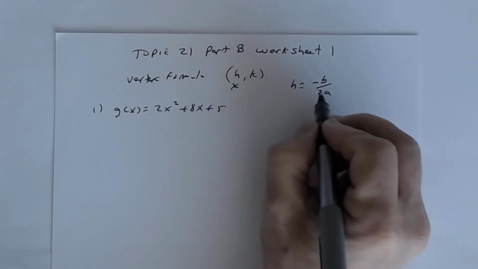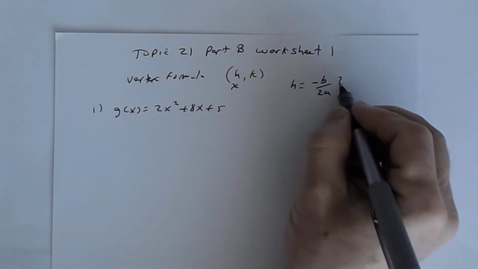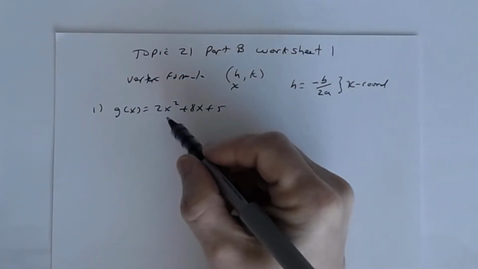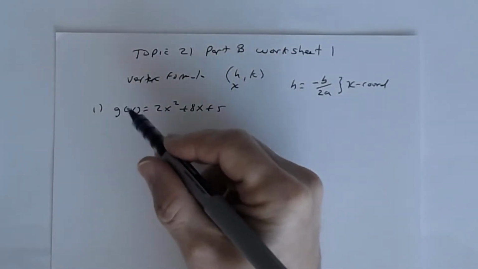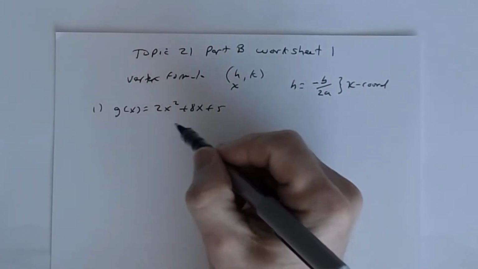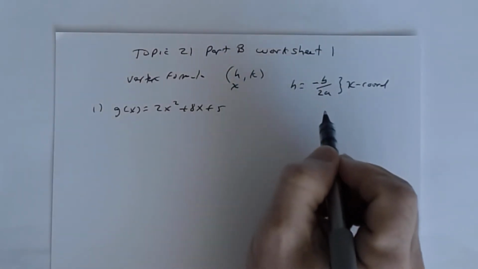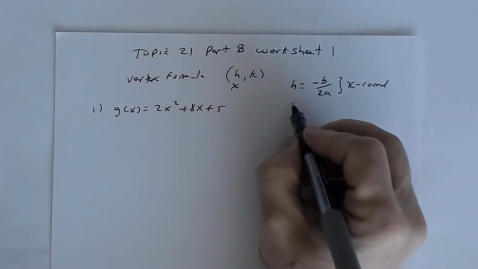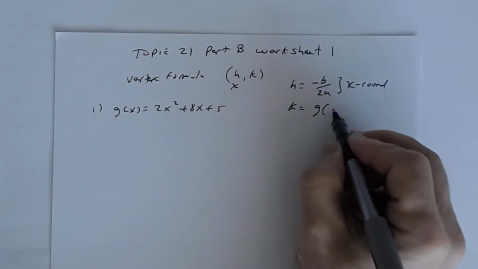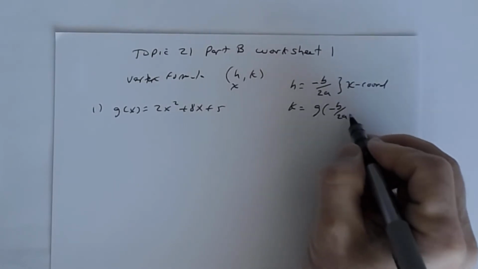All right, so that's your x-coordinate. Now remember, once you find x, to find the y value, which in this case is g of x, you just substitute what you just found where we see the variable x. So k would then be g of negative b divided by 2a.